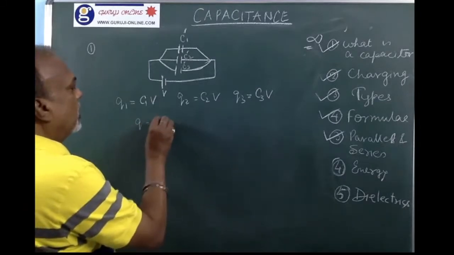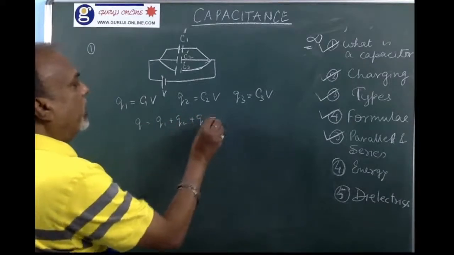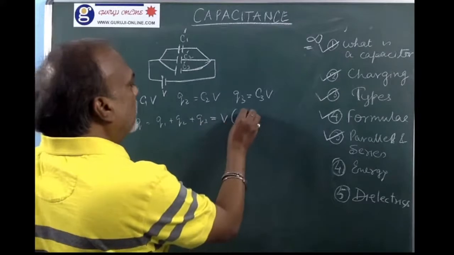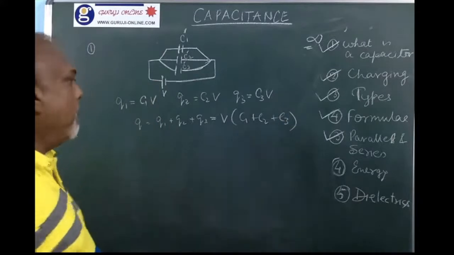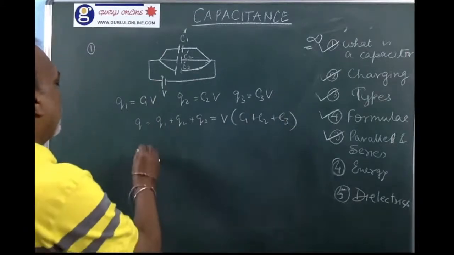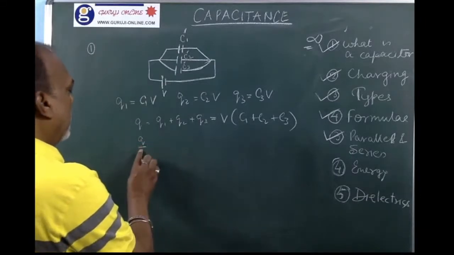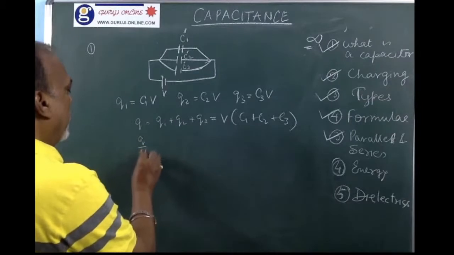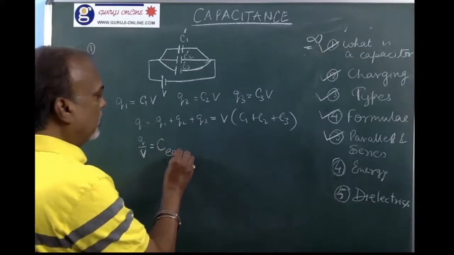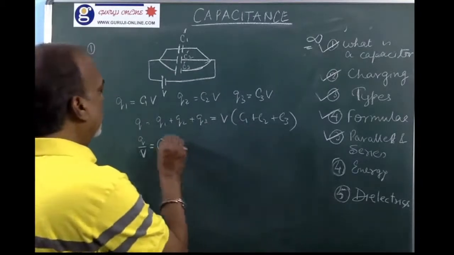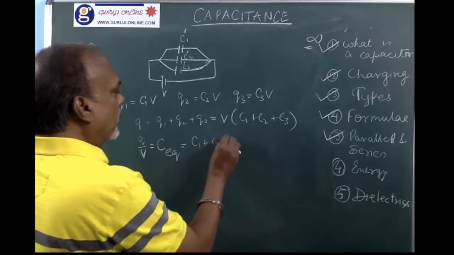Q is equal to Q1 plus Q2 plus Q3, or we can write it as V into C1 plus C2 plus C3. Now, what is this Q upon V? Q upon V is nothing but your C, now C equivalent. This will be C1 plus C2 plus C3.